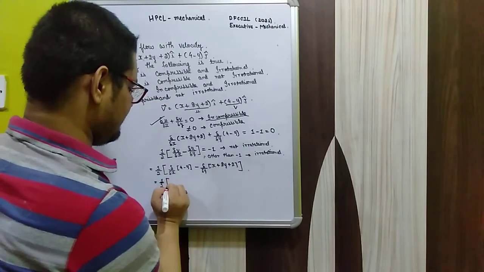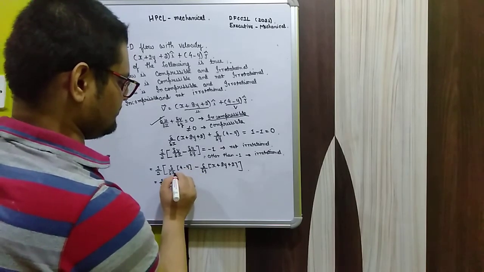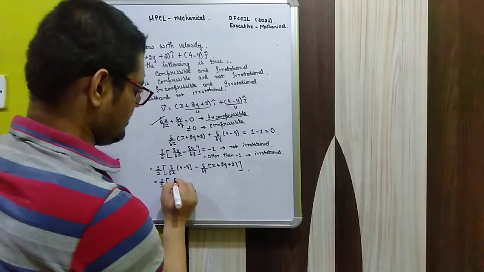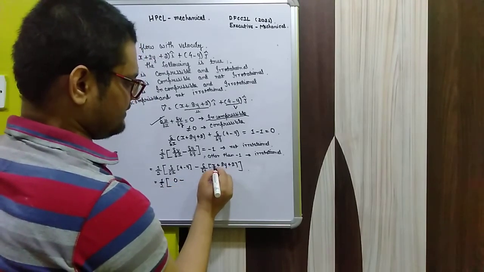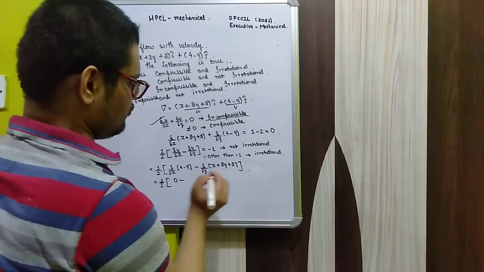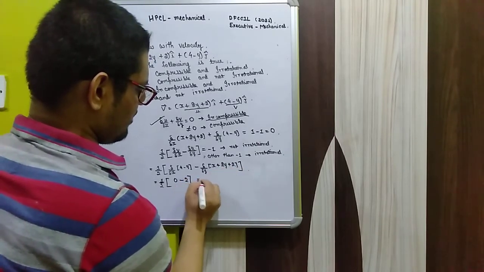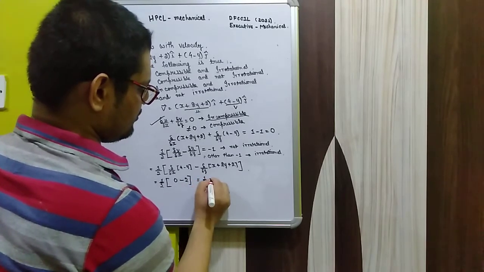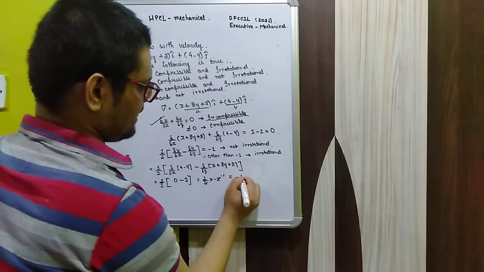Half del by del x, differentiate with x, it will be 0, minus. If we differentiate with y, this will be 0, this will be 0, it will be 2. So it will be minus 2. So half into minus 2, 2 and 2 cancel, it will be minus 1.